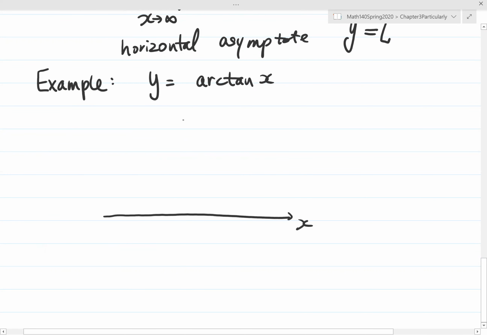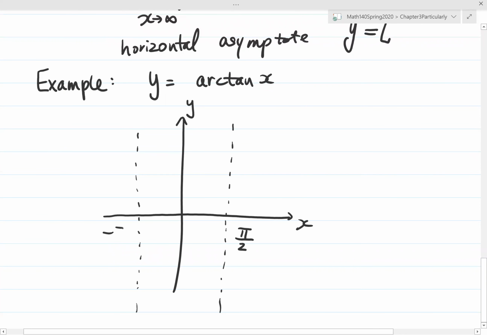This is x, this is y. Tangent x has vertical asymptotes at negative pi over 2 and pi over 2, so it looks like this. This is y equals tangent x.